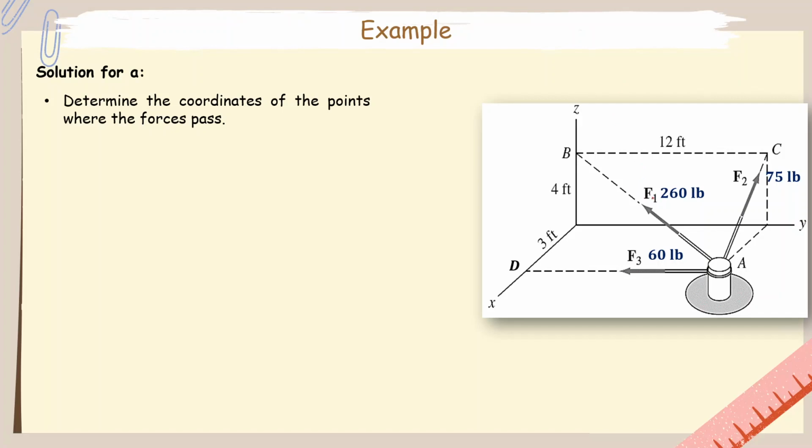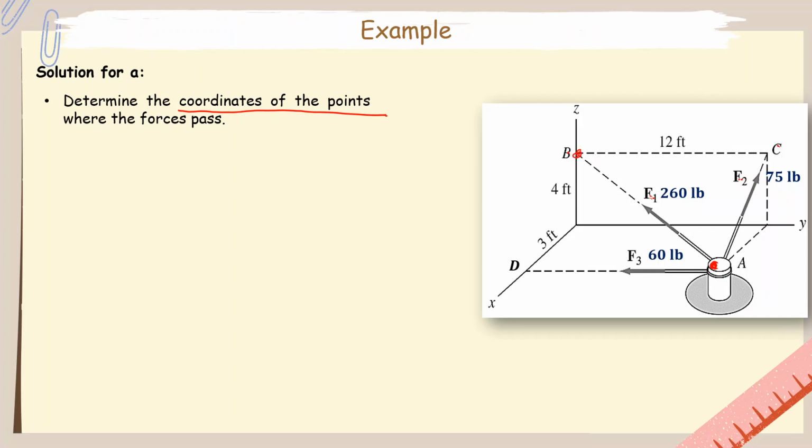Tingnan niyo si F1, ano ang line of action niya? Point A going to point B, right? F2, nag-act siya from point A to point C. Si F3 naman, nag-act siya from point A to point D. So, first step, always determine the coordinates of the points where the forces pass.